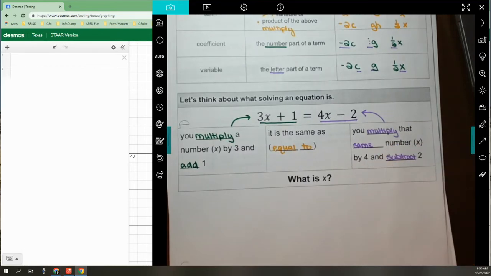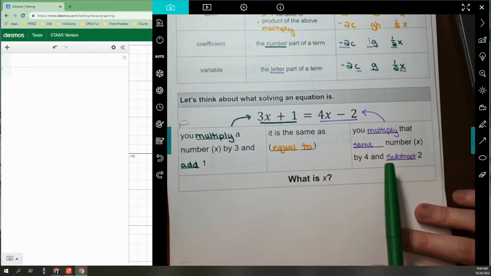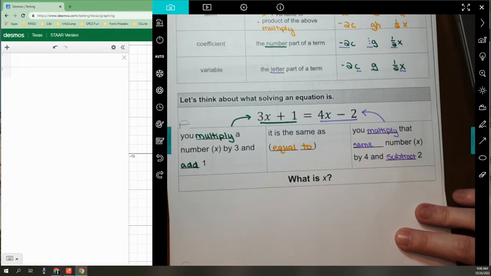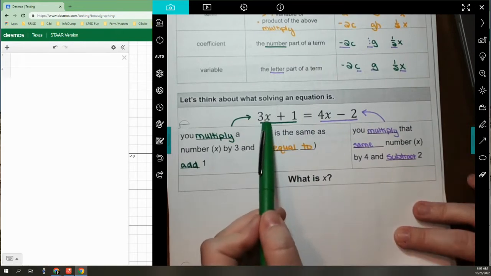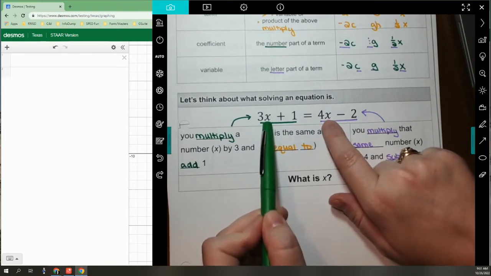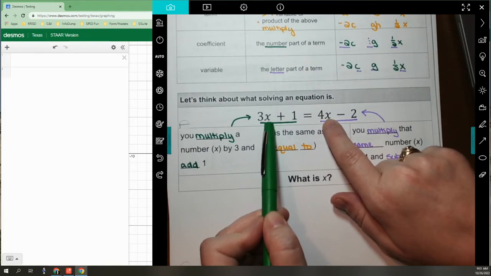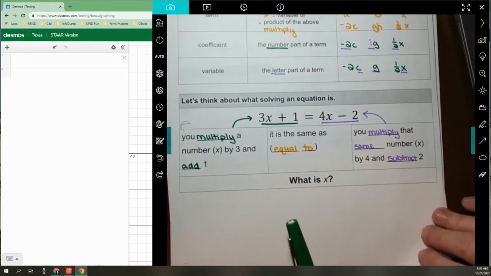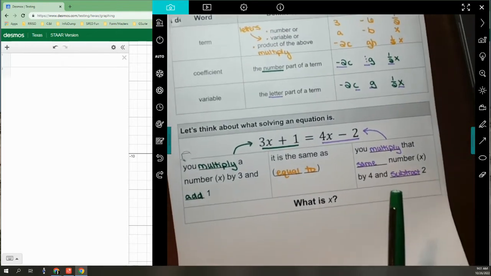Okay? So what we're trying to figure out in an equation like this, just like when we have variables on just one side, is what x equals. What number can I put in for x that would make the green side equal the purple side? So let's think about that for a minute.